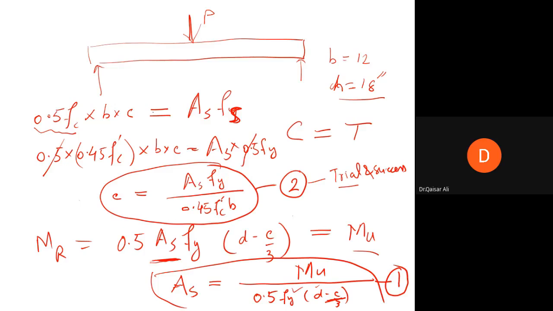Fy is known to us, Fc prime is known to us, B is known, we will calculate the C. This C will again be substituted in equation number 1, and we will run this loop, this cycle, twice or thrice, and then we will reach a value where AS and C will not change, and that will be the value of AS which will be required for this beam, to be placed inside the beam in order to resist this Mu. Any question on this?